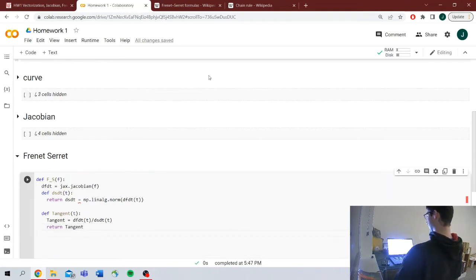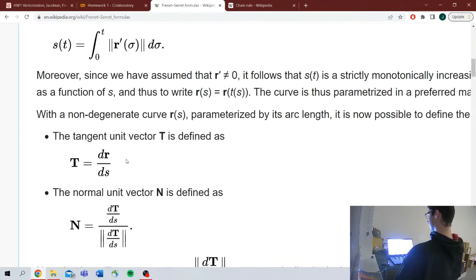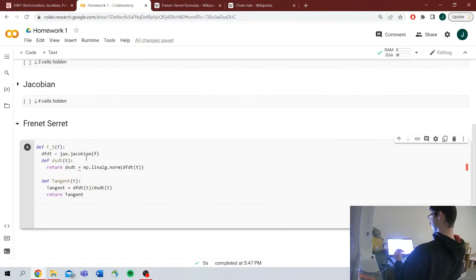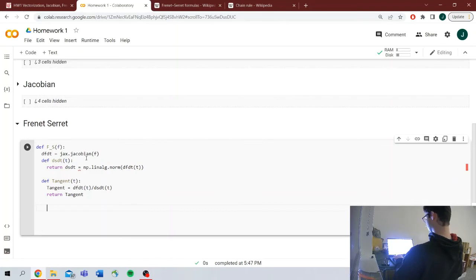So now that we have our tangent, we want to also find this normal, right? So our normal is defined as the derivative of tangent with respect to s, with respect to arc length, divided by the norm of that derivative. So let's first calculate our dT over dt.